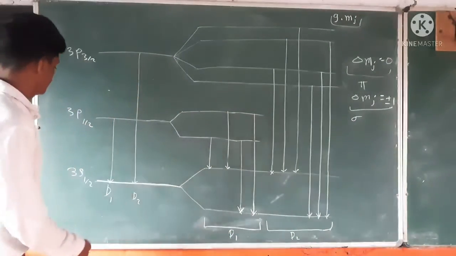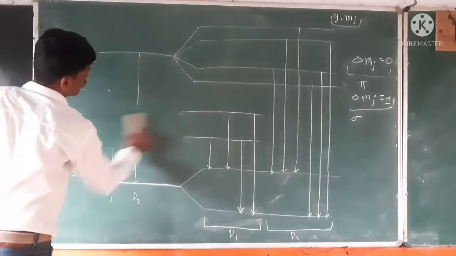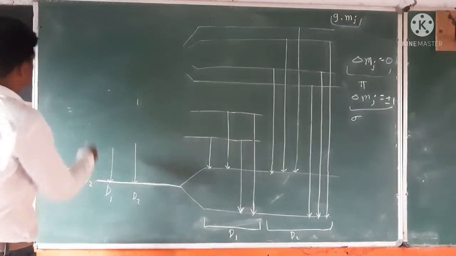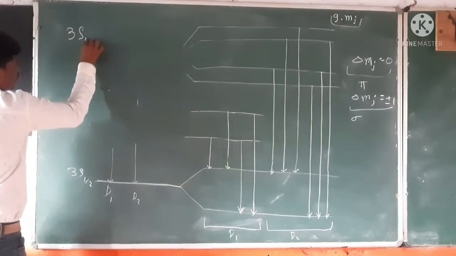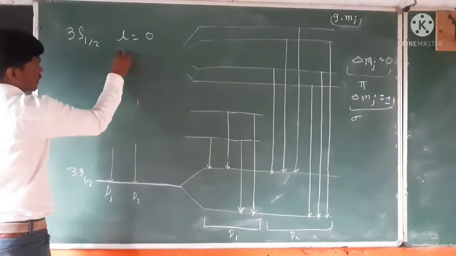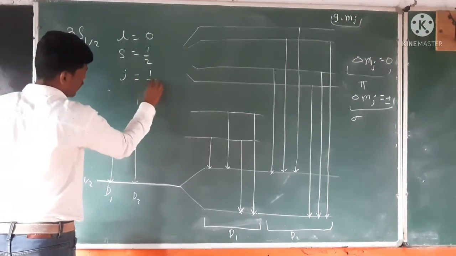Let's take this line here. For 3s 1/2, L is 0, S has the value half, and obviously J will have the value half.